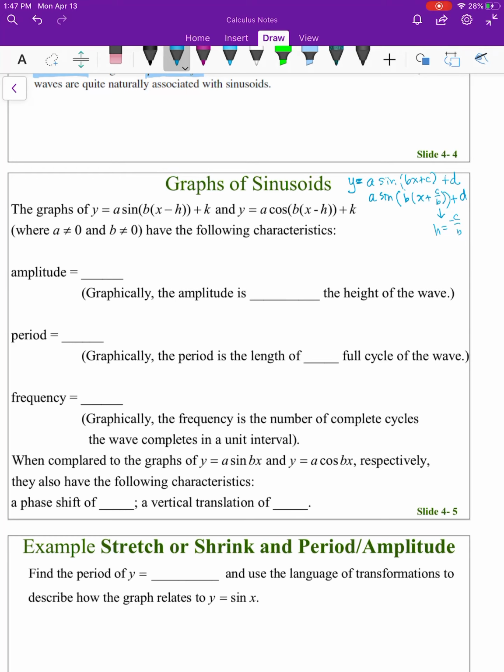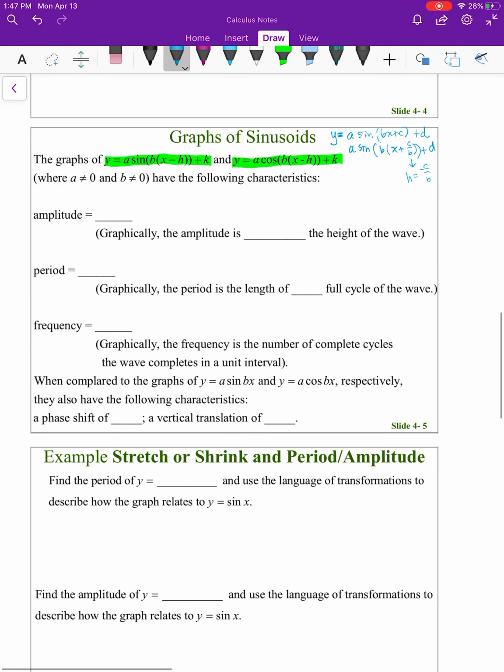But your k and your d are the same thing, okay? So please be careful there, because c went away, and that's the reasoning why. So don't worry about the c. We're just going to use h and k here, and it'll be okay.